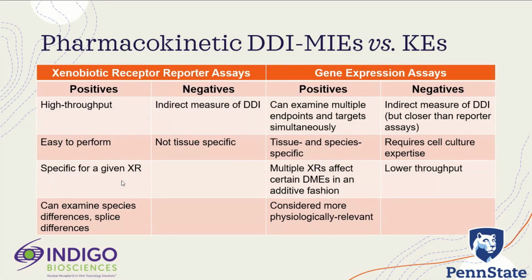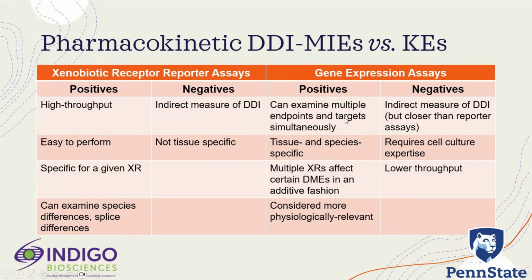These can be very specific, down to looking at splice variants and species differences. All of these are positives. Negatives: these are indirect measures. You're just looking at that molecular initiating event, and these assays are built to be robust to look at this response. We're not really looking at whether you're seeing this activity in a liver cell versus a kidney cell. We're just looking at the potential for this molecular initiating event.